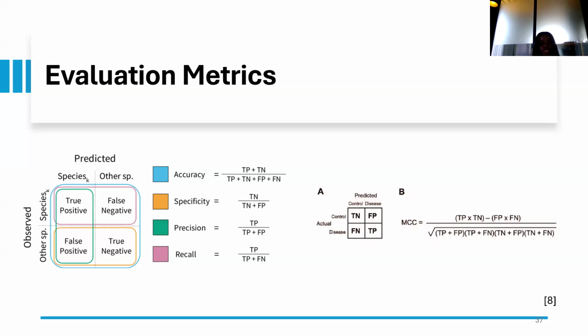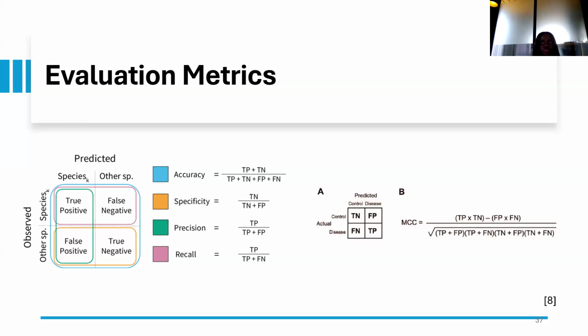What specificity does is look at all of the non-responders who were predicted as non-responders. And recall looks at all of the responders who were predicted as responders.